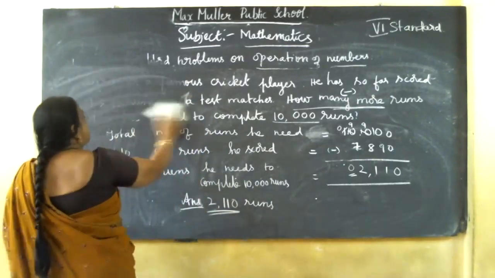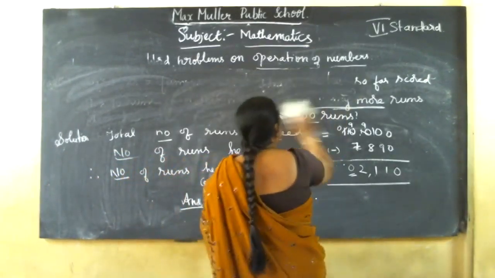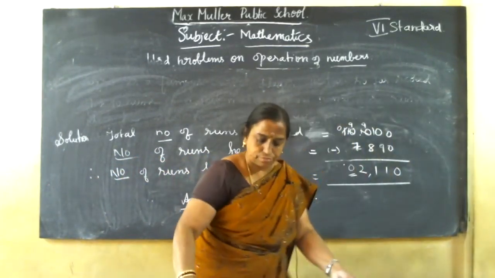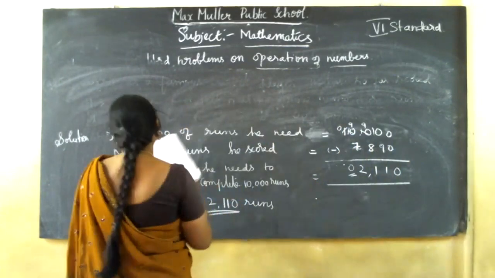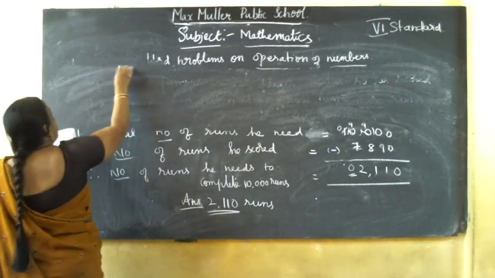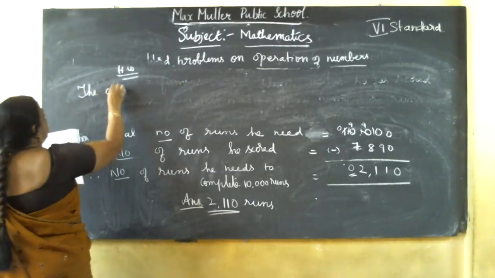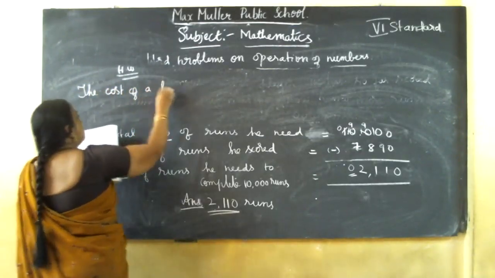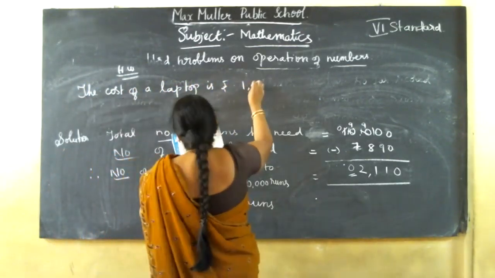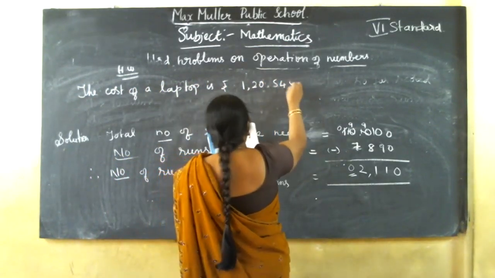Now I'll give the homework question. So still 2 more sums are there. I will solve those sums next class. So now I'll give a homework statement sum, only one sum. Do it neatly in your assignment book. So this is the homework question. The cost of a laptop is rupees 1,20,545.